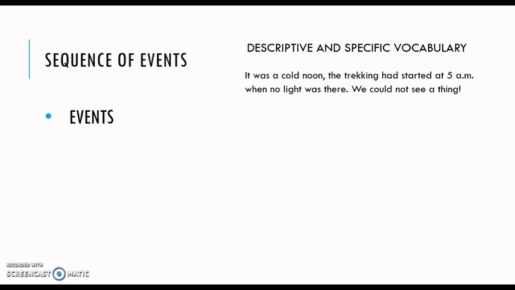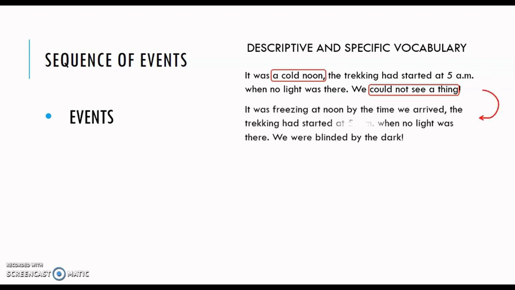So let's take this as an example. It was a cold noon, and the trekking had started at 5 a.m. when no light was there. We could not see a thing. In this case, we will analyze an example where everything is clear, but we can do a better job, as in this other example.